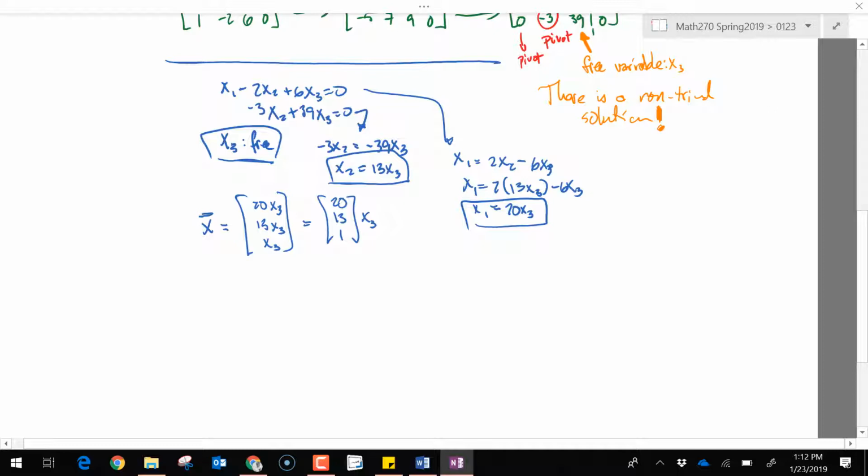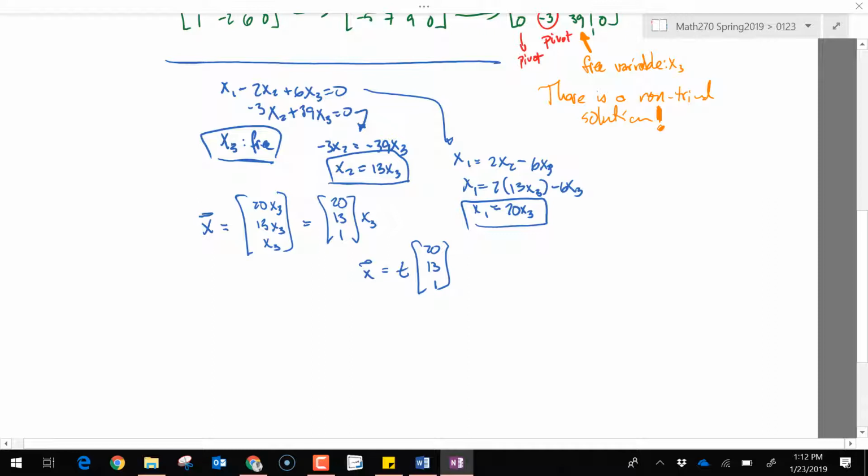And now what we have here is your solution that's written in, quote, parametric form. And like I was saying earlier, I can let x3 be anything I want. And we can even change a variable and say, well, your solution is going to be t times (20, 13, and 1).